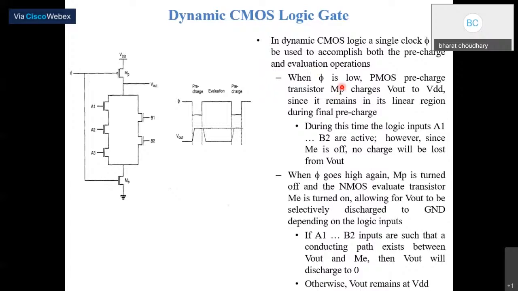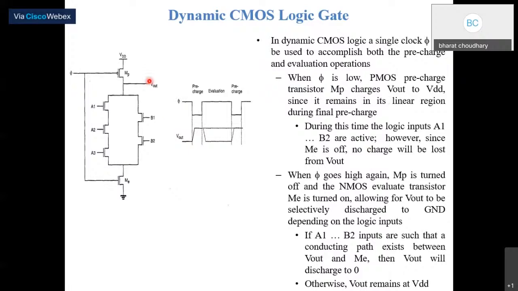When this clock is low, this PMOS transistor MP will be on and will pre-charge, charging V out to VDD, since it remains in its linear region during the final pre-charge. When the clock is low, the output will be high, which is the condition of pre-charge.